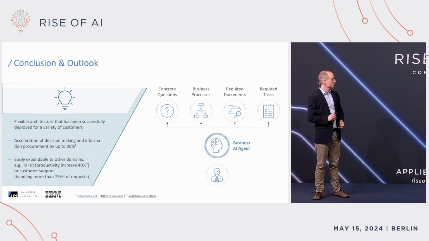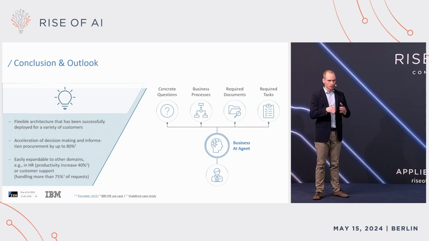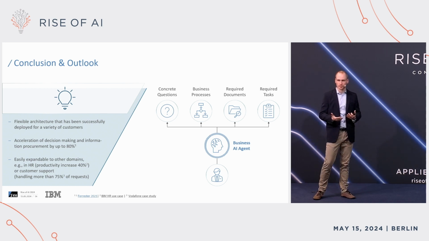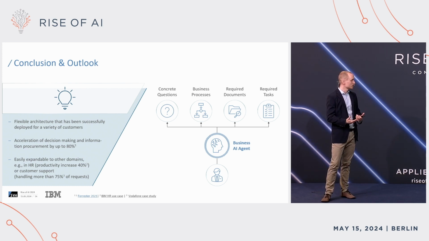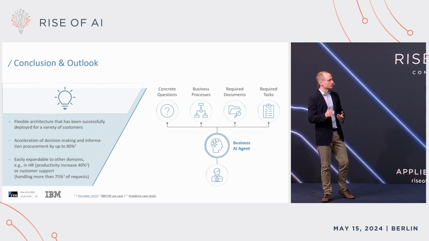So this enforces the idea that we are going from people doing all the work to people asking a business AI agent, or employing an AI agent, in order to speed up the whole processes within an organization.